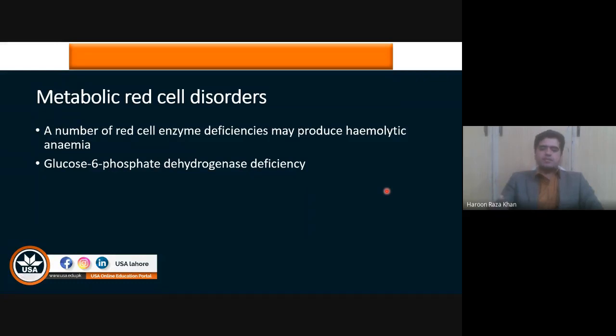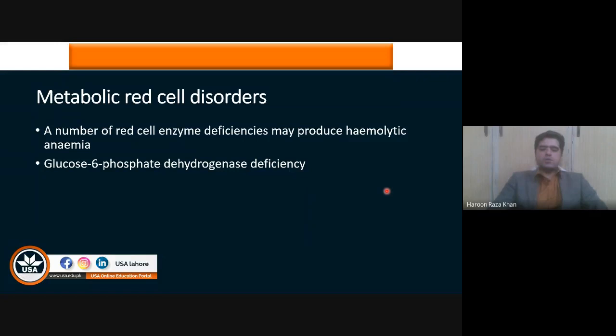G6PD deficiency is a common heterogeneous X-linked trait and is very common in the Middle Eastern populations. When there is deficiency of the G6PD, there is neonatal jaundice, chronic hemolytic anemias, and acute hemolysis precipitated by the ingestion of certain types of beans and certain types of drugs like quinine, sulfonamides, quinolones, etc. The diagnosis is by direct measurement of the enzyme levels in the cells.